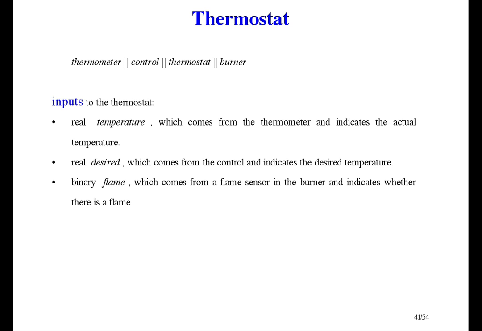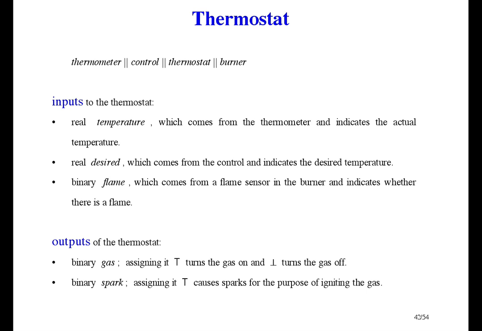The inputs to the thermostat are temperature, which belongs to the thermometer, desired, which belongs to the control, and flame, a binary value that comes from a flame sensor in the burner and tells whether there is a flame. These are all interactive variables because the thermostat needs their current values.